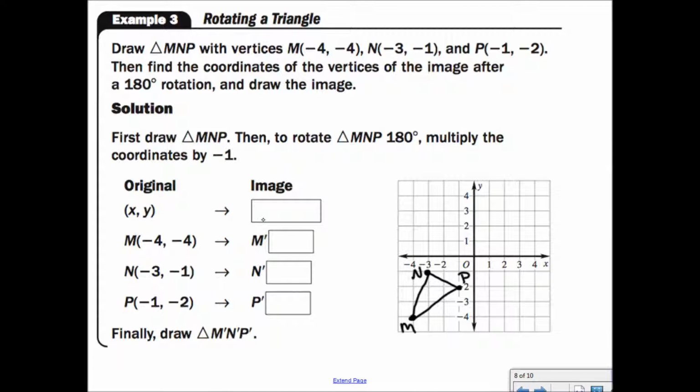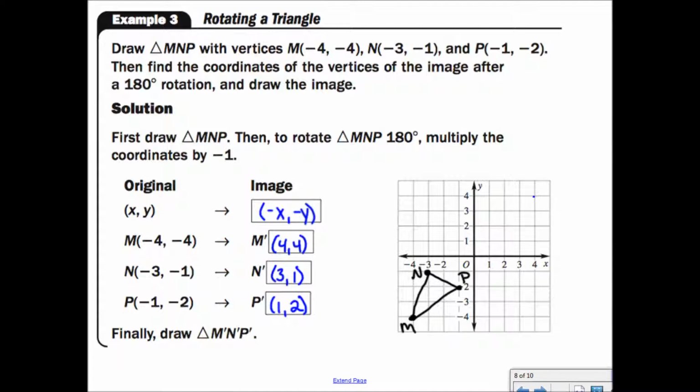Now we will find our new image. Multiplying x and y by negative 1, we get negative x and negative y. M prime will be 4, 4. N prime will be 3, 1. And P prime will be 1, 2. Graph the points.